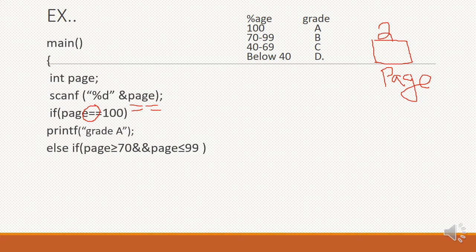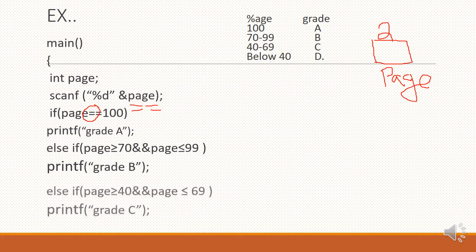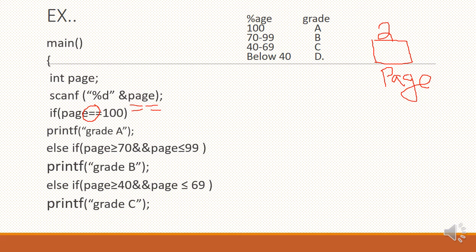Both should be true: greater than or equal to 70 and the percentage is less than or equal to 99, then its grade is B. If the percentage is not between 70 and 99, he should go for the third one, that is else if. Here percentage is greater than or equal to 40 and less than or equal to 69, printf its grade C. Here we have checked all the conditions.